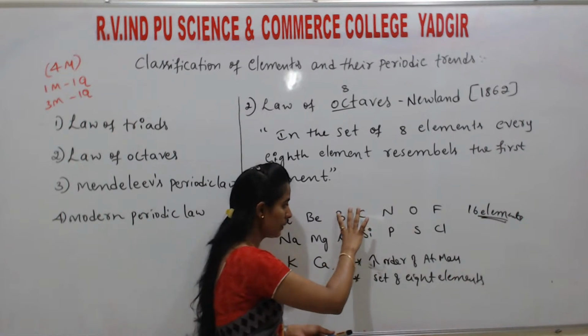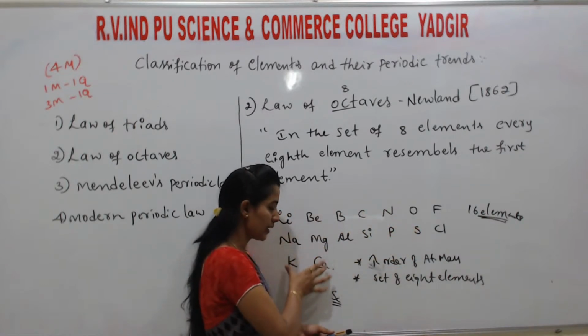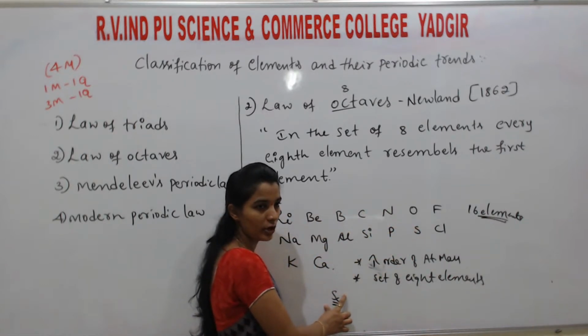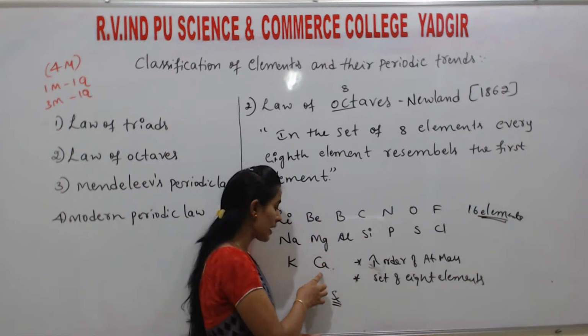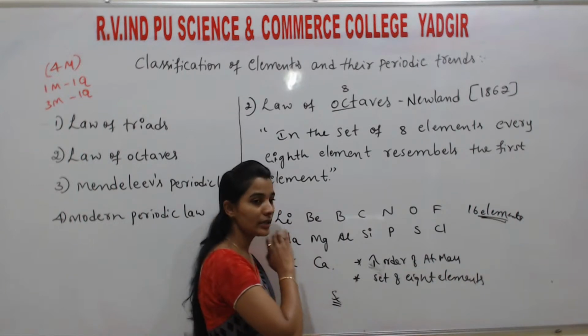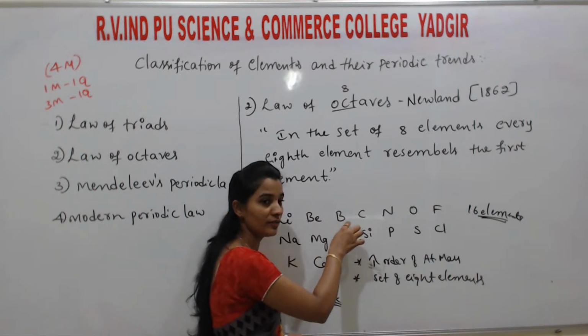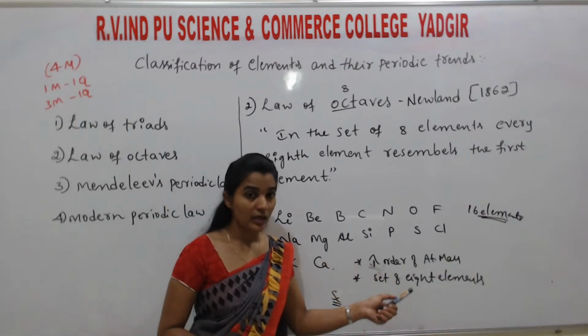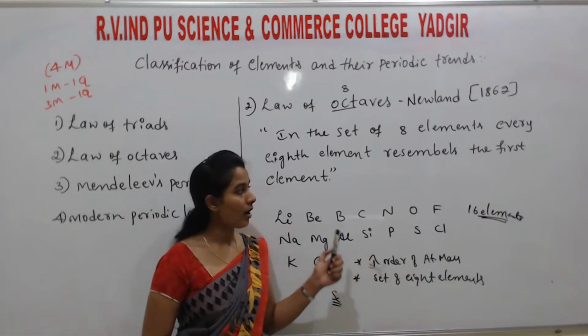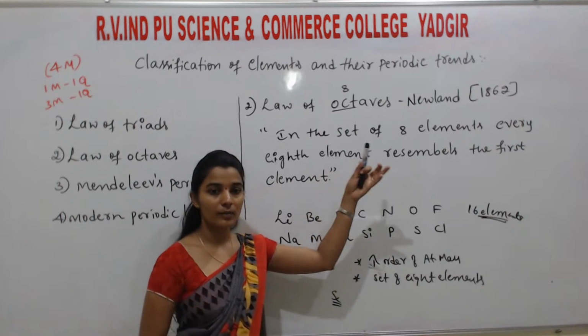Understand? So these are P block elements nowadays, these are S block elements, these are D block elements. The next element after calcium is scandium, which is entirely different in properties from these elements. So that's why, after calcium, the law of octaves fails to explain the remaining elements.